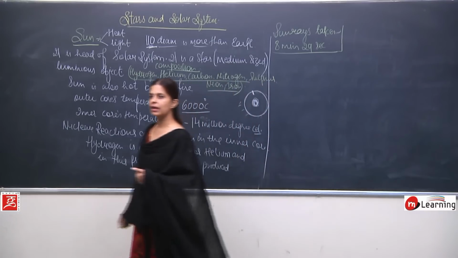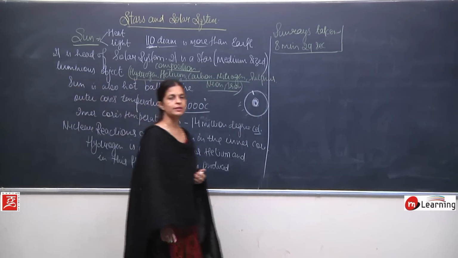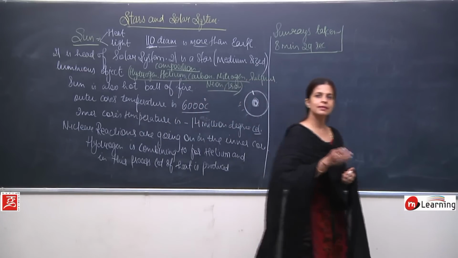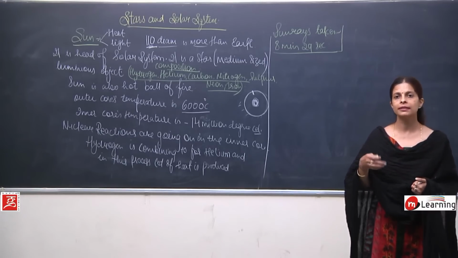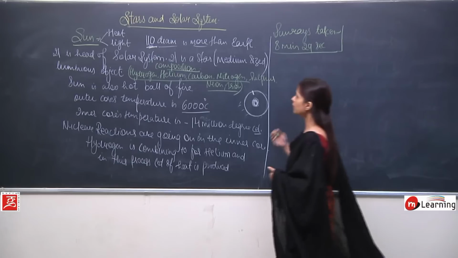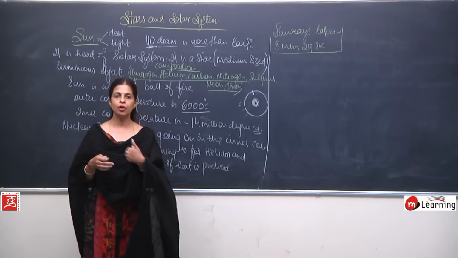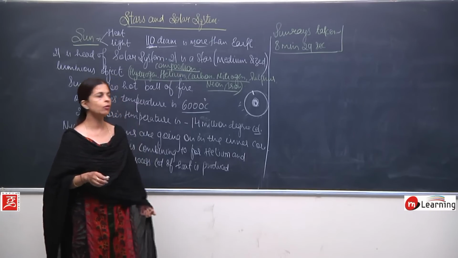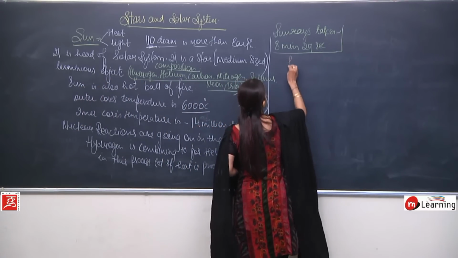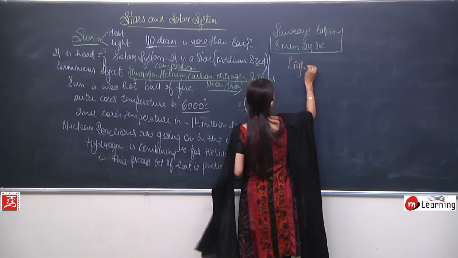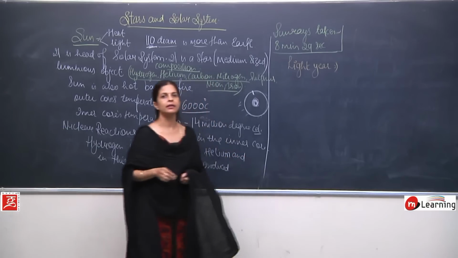When we have to calculate the distance between two heavenly bodies, this distance is very high, and it's not possible to calculate these distances in kilometers or meters. So we use one more unit, and that is the light year. What is the meaning of light year?